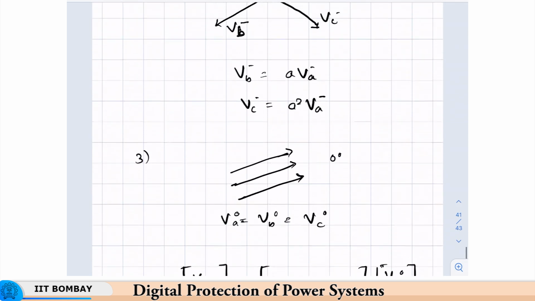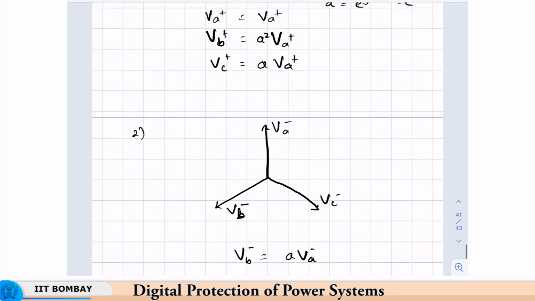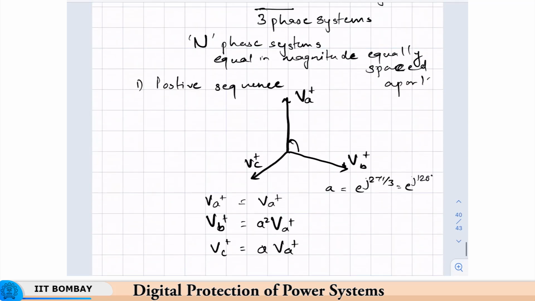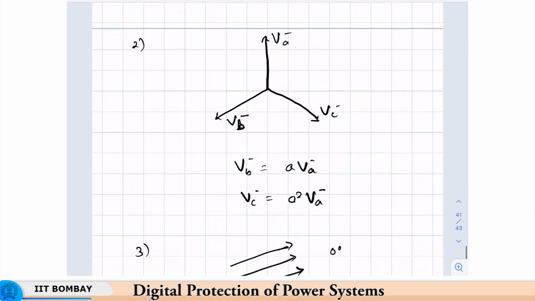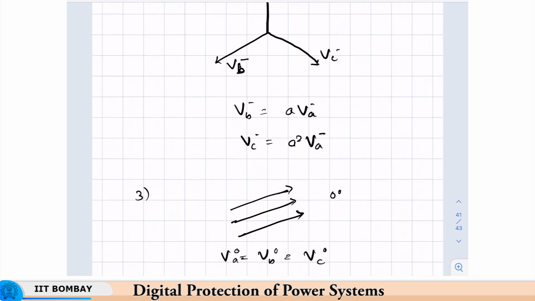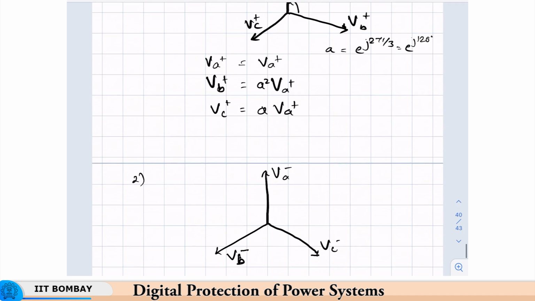Now, one thing to be noted is that whatever be the phase of the system, if it is 3 phase, 4 phase, n phase, positive and 0 sequence components will always be there. If it is a 3 phase system, you will have 1 sequence component in between, because there has to be 3 sequence components. So, you will have the negative sequence component in between.